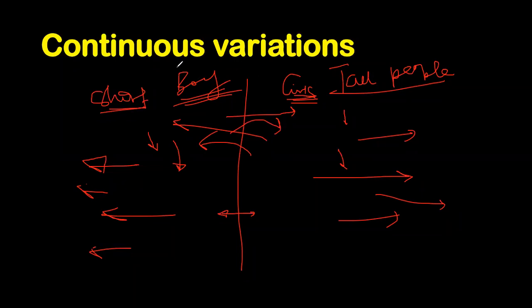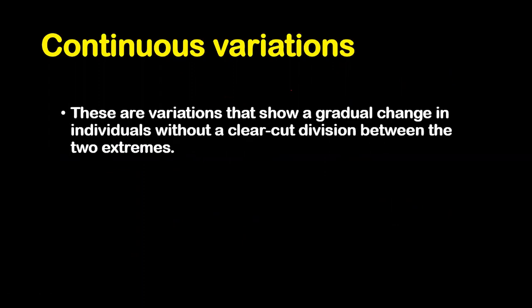With continuous variations, these are variations that show no clear-cut difference among different organisms of the same species. These are variations that show gradual change in individuals without clear-cut differences between the two extremes. What does it mean?